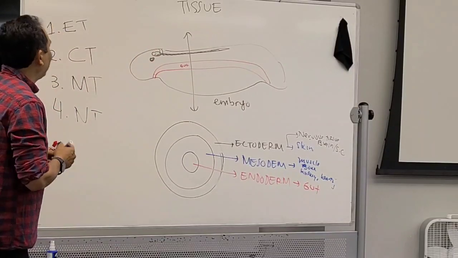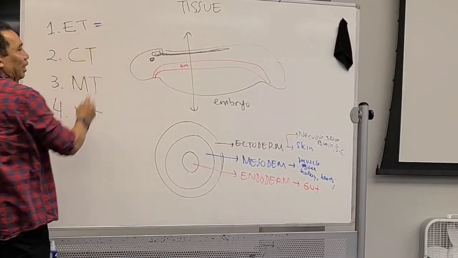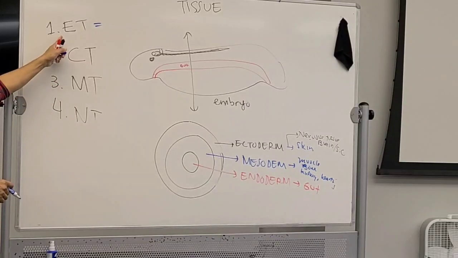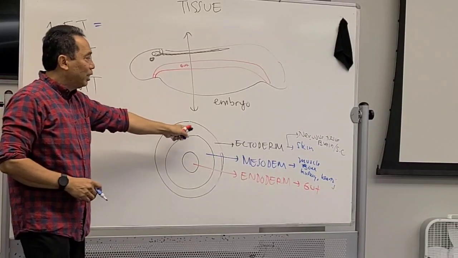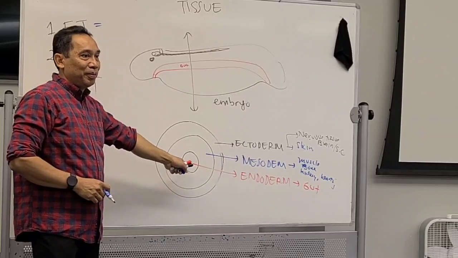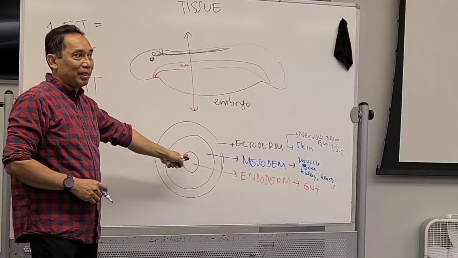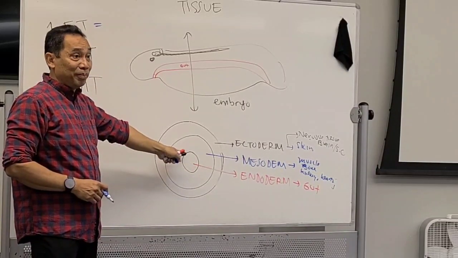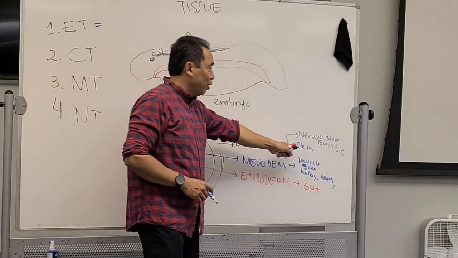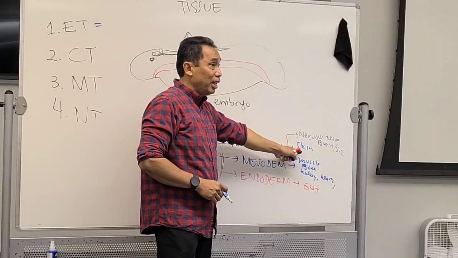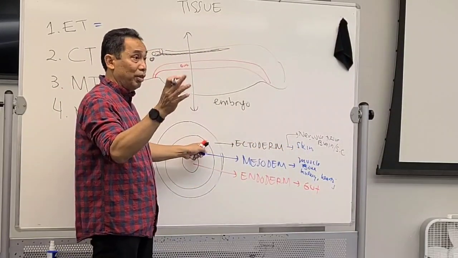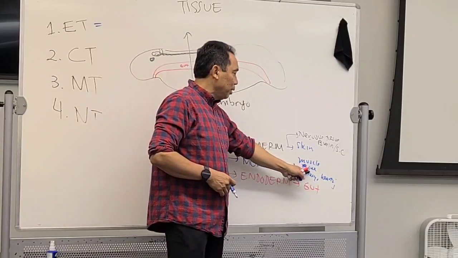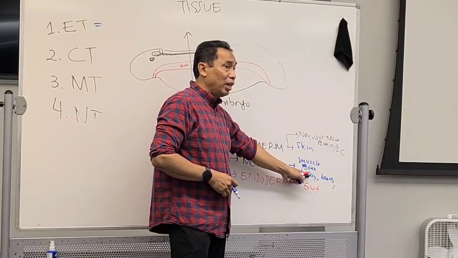What does that mean? So the ET over here, epithelial tissue, is made from which of these layers? If it is skin, you have epithelial tissue, right? That skin is made of what? Ectoderm. You with me? If it is kidney, for example, it also has epithelial tissue.